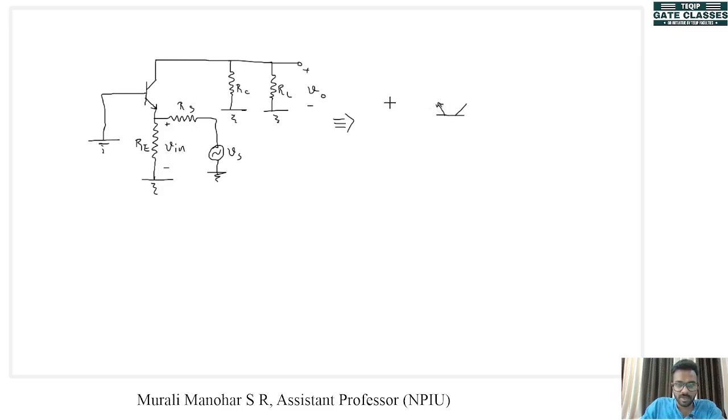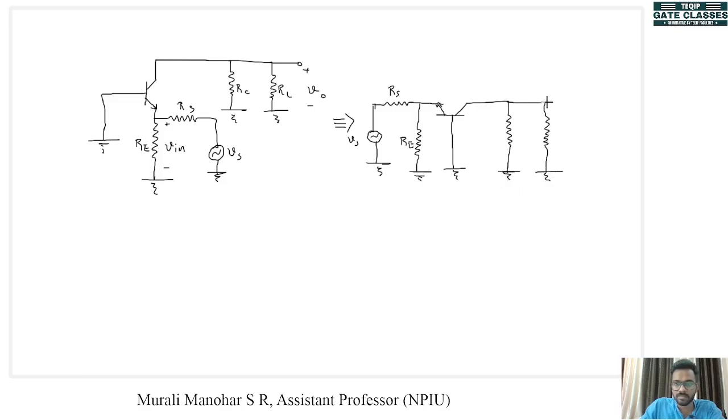At the emitter we have RS, RE. Here we have Vs. Base is connected to ground. At the collector there is RC and RL. Here we have our output.